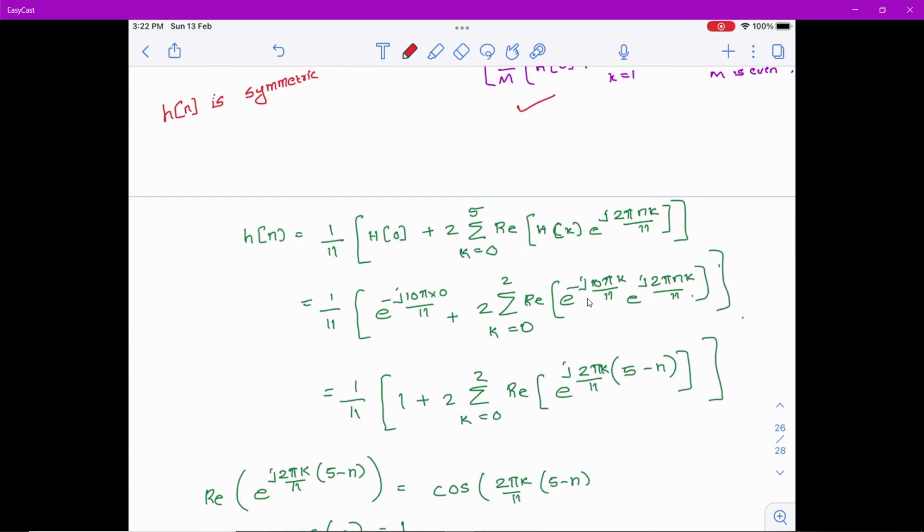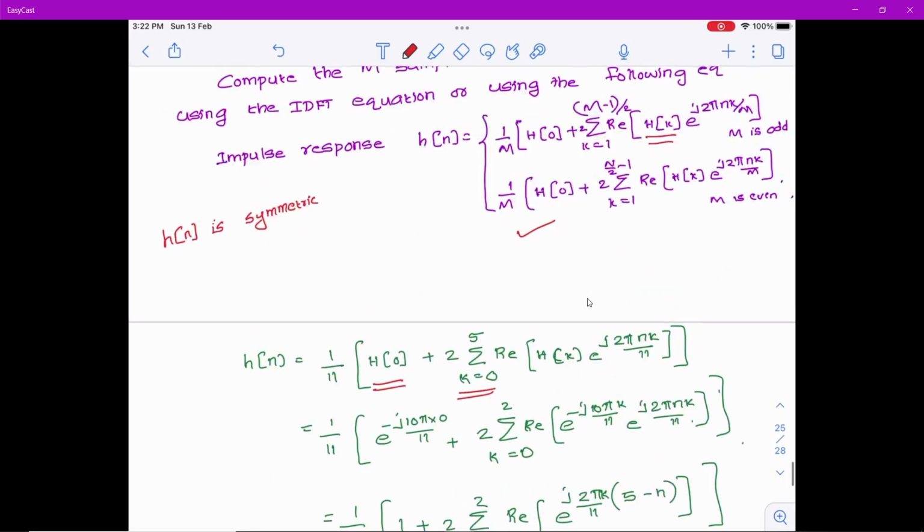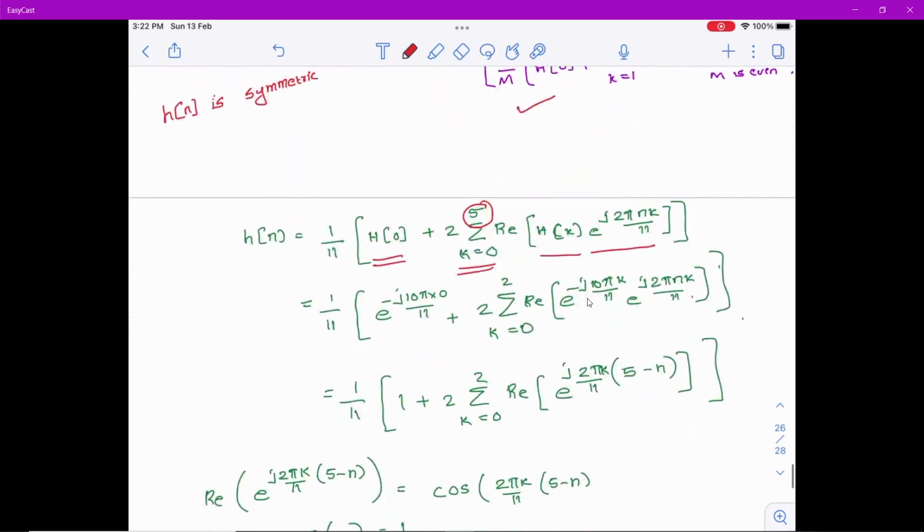h of n is h of 0 plus sigma k equal to 0 to m minus 1 by 2. M minus 1 by 2 is 5, into the real part of h of k e raised to j 2 pi n k by 11.